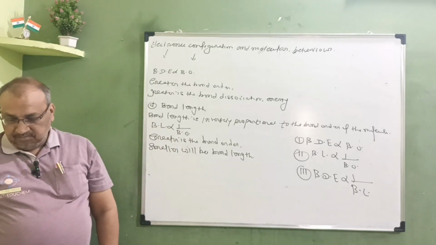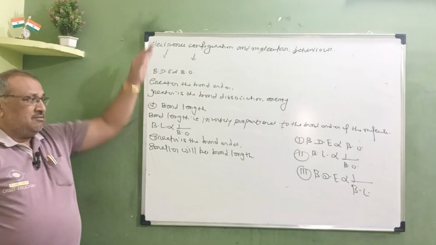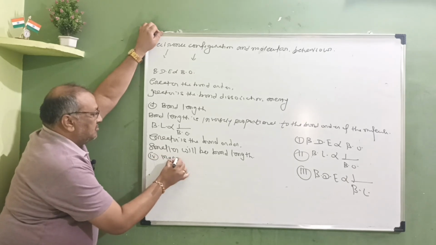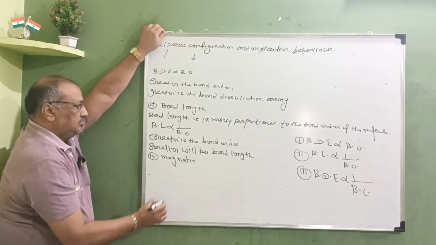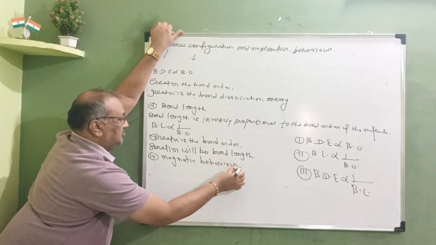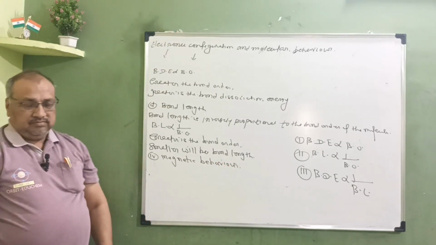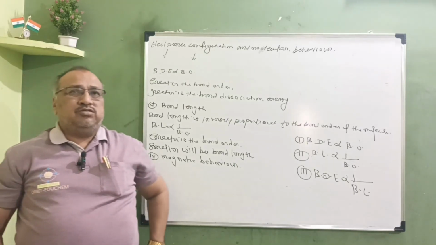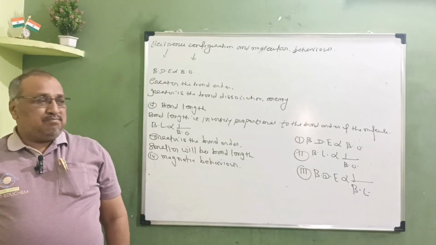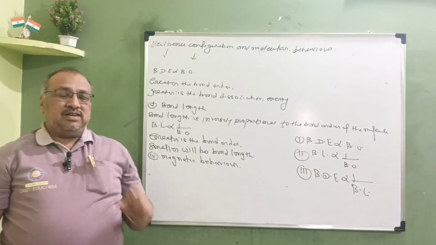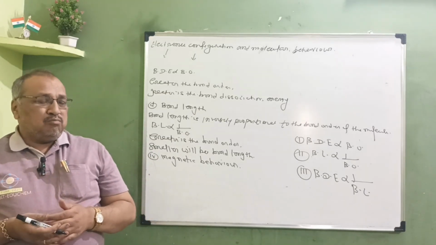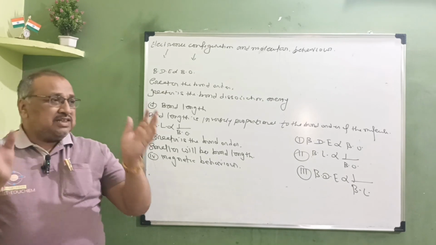Now then, fourth information, magnetic behavior. That means whether the given molecule is paramagnetic or diamagnetic can be identified after drawing the molecular orbital diagram for various molecules.